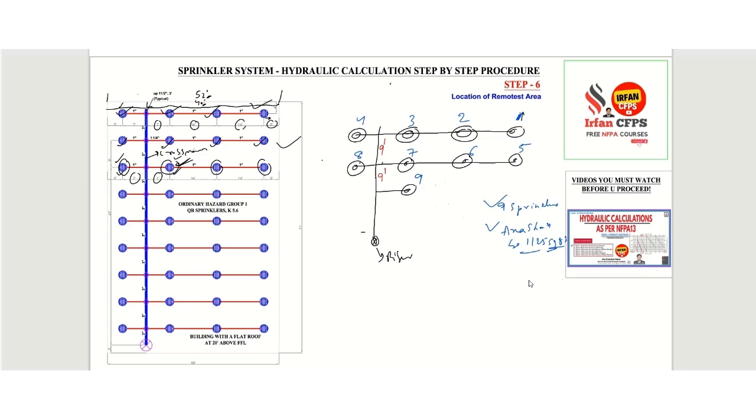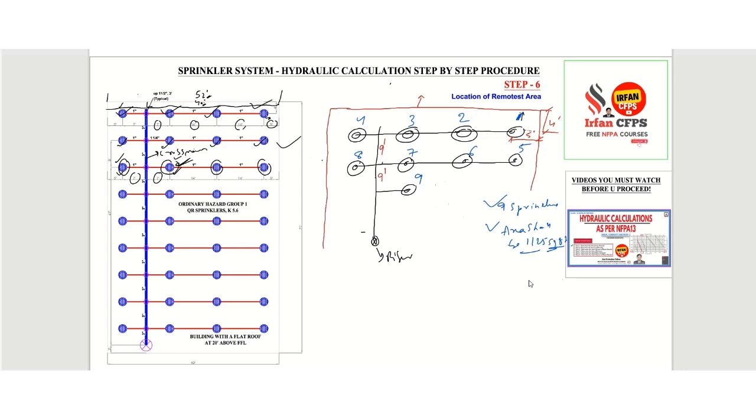And from the wall, this will be what we call the building outer dimension. So from here the distance is 5 feet, and this is 4 feet.